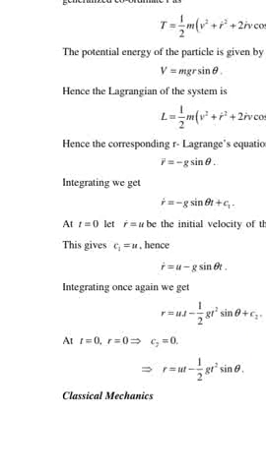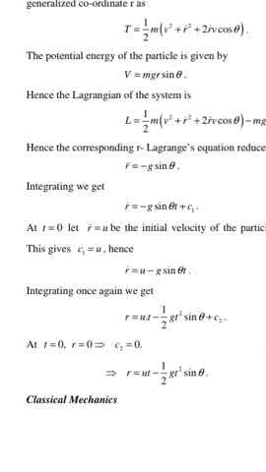Lagrange's equation of motion for r is given by d by dt of (dL by d r dot) minus dL by dr is equal to 0. Therefore, r double dot is equal to minus g sin theta, and integrating, r dot is equal to minus g sin theta multiplied by t plus c1.